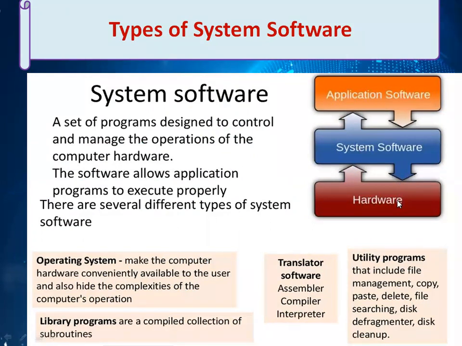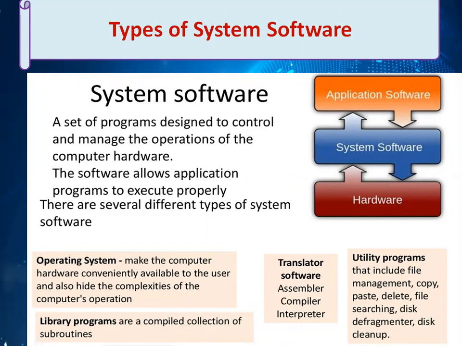Here you can see this is your hardware, the physical parts of your computer system. After having a physical part, you must have system software. System software is basically a set of programs designed to control and manage the operation of your computer hardware.